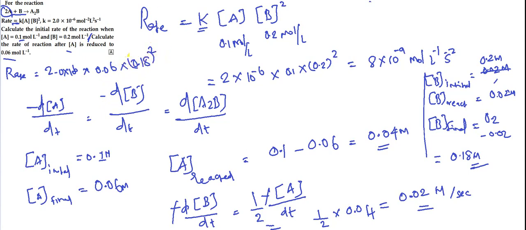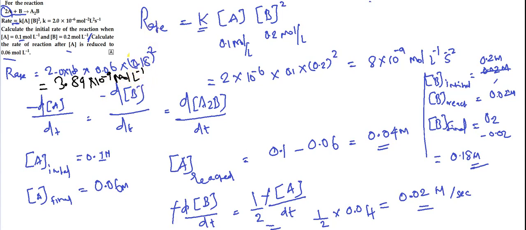Let us change the color to make the difference here. So this can be written as 3.89 into 10 to the power of minus 9 mole per liter. So this is the final answer.